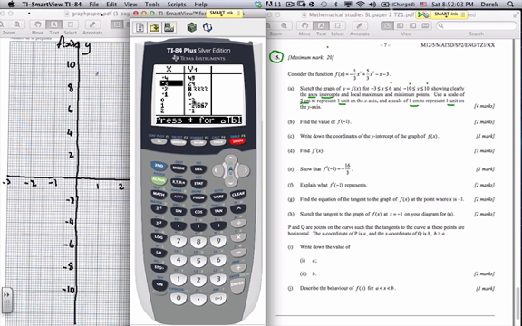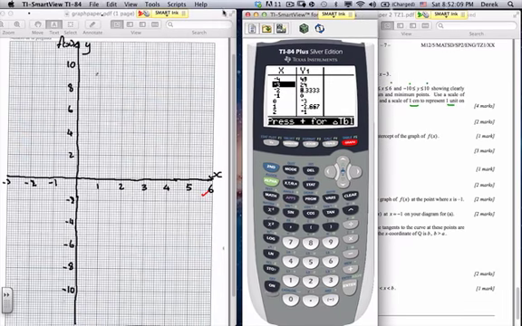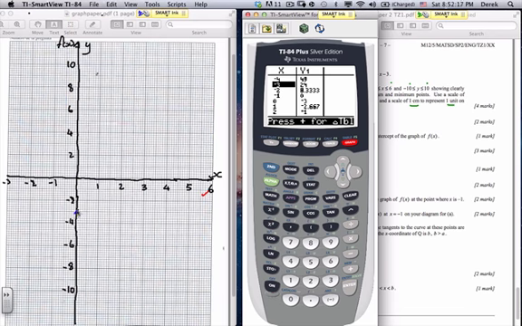When x is 0, y is equal to negative 3. So in doing this over here, we're going to get a point at negative 3. Now remember, just do a small cross at that point. So that's where it's going to go through the y-axis.